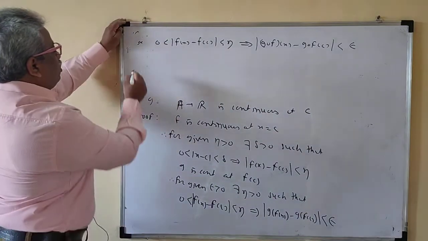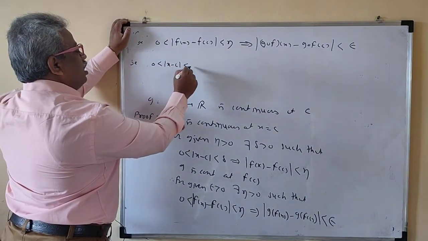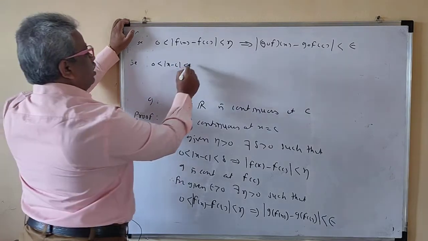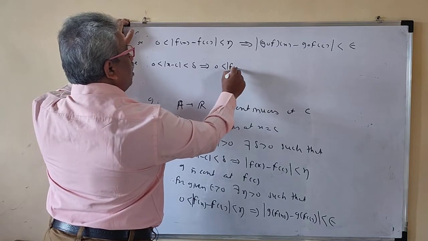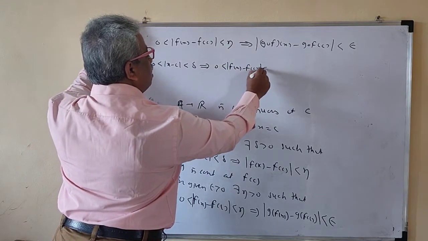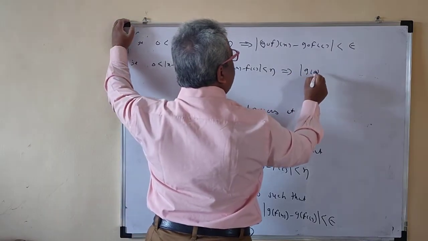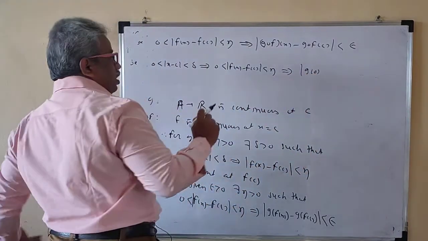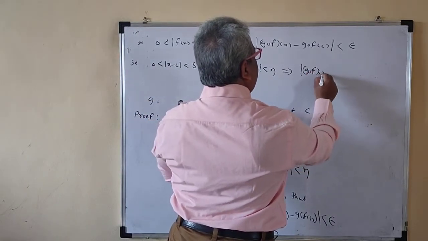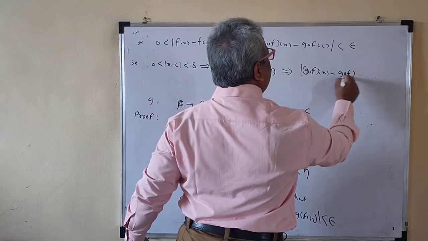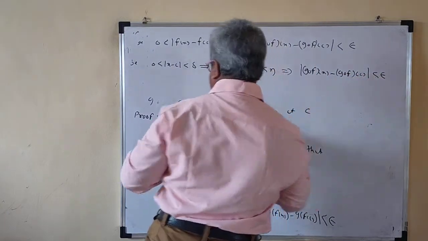Right? So that is, 0 less than mod of x minus c less than delta implies that 0 less than mod of f of x minus f of c less than neta, which implies that mod of g compose f of x minus g compose f of c is less than epsilon.